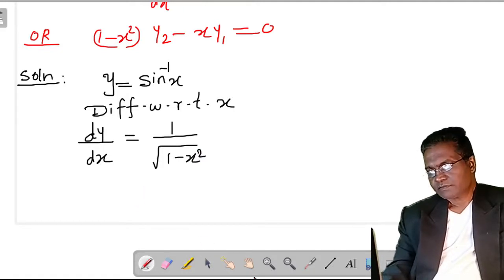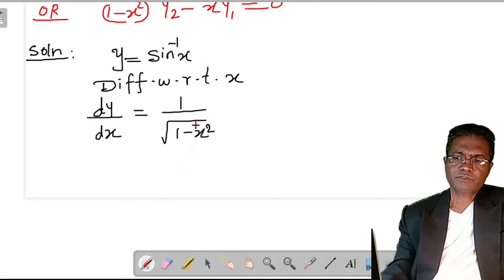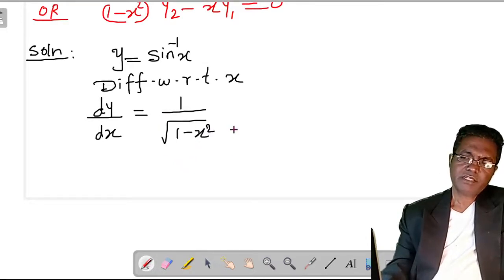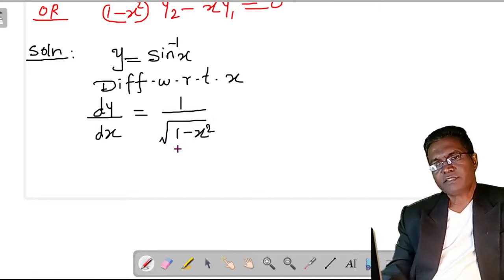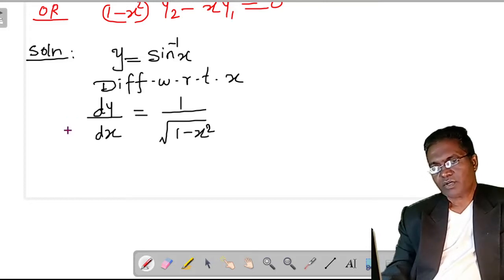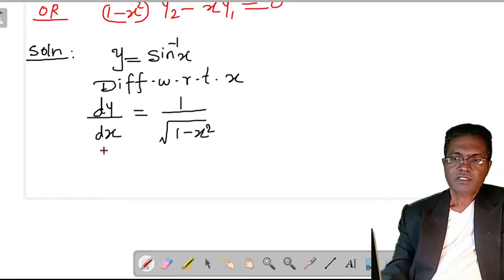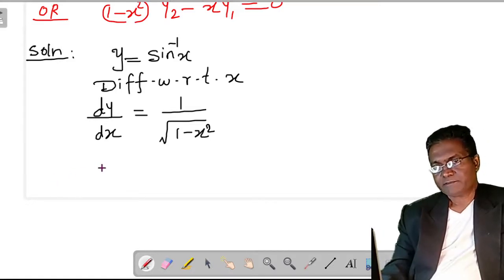Now there are two techniques. One is, if you get a term like in the square root, you square and differentiate. Otherwise, cross multiply and apply the product rule. So I prefer by squaring.